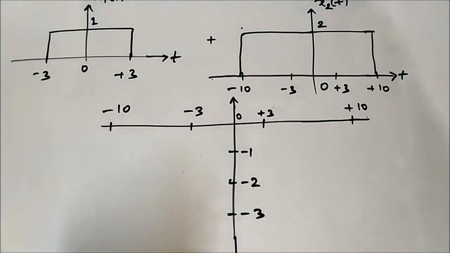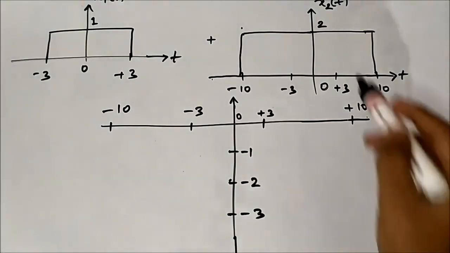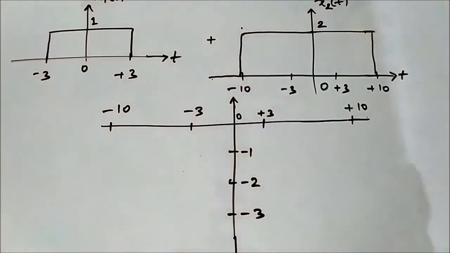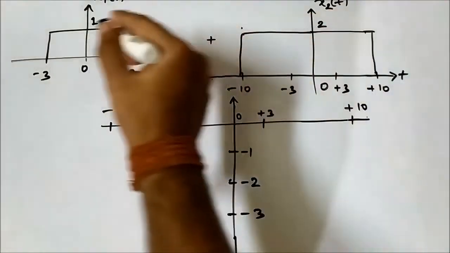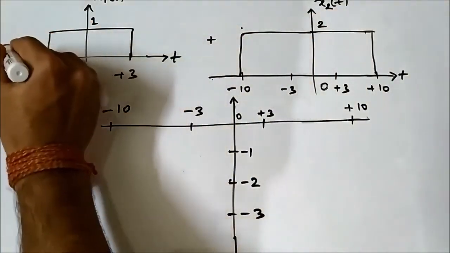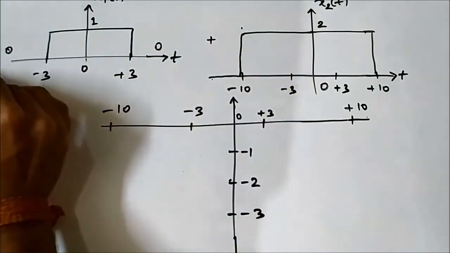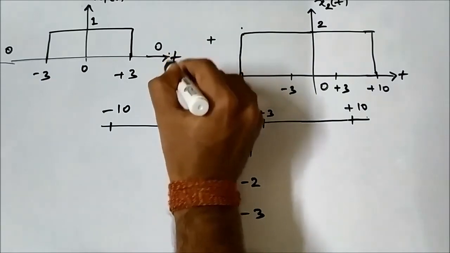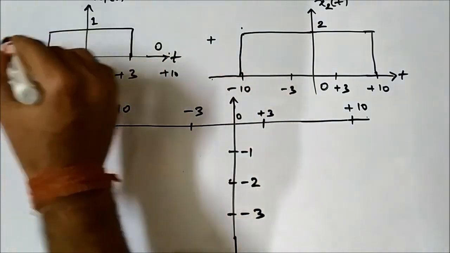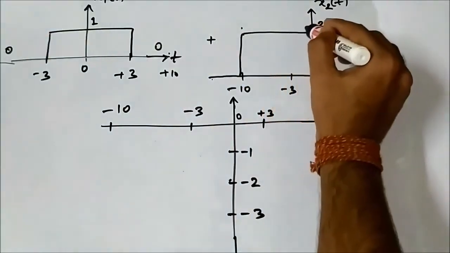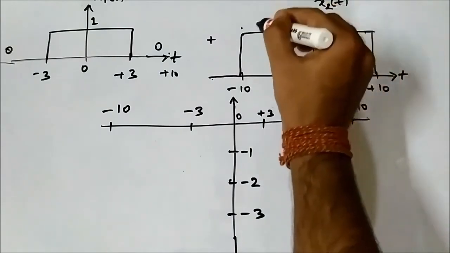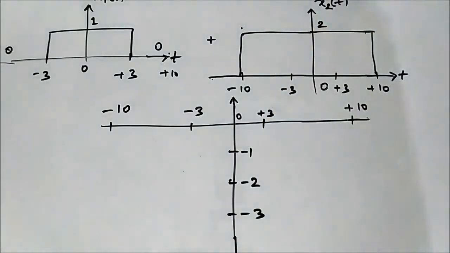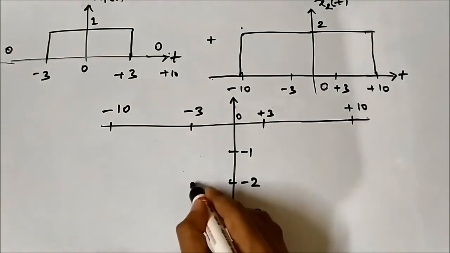Okay, and only x2(t) is there. So in between that it will be 0 from -10 up to +10. So it will be 0 up to this, here is 2. So 0 minus 2, it will be -2. Okay, -2 here.